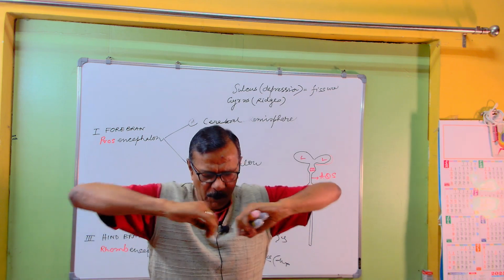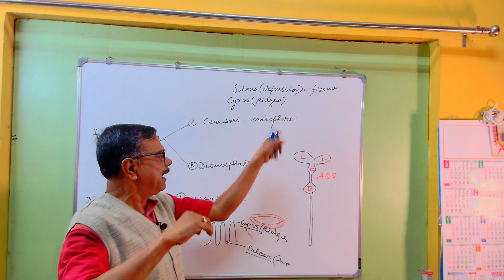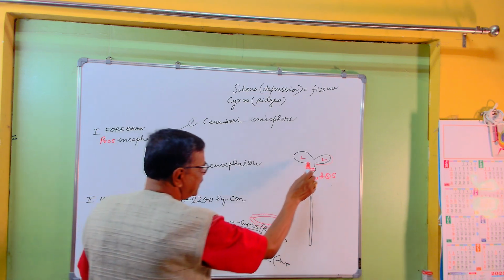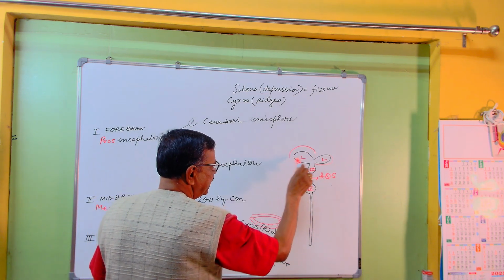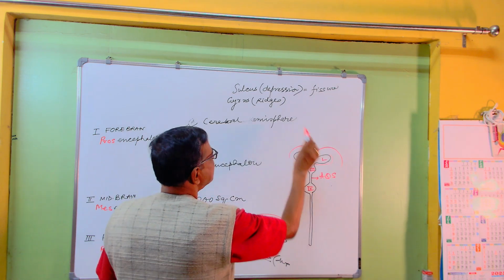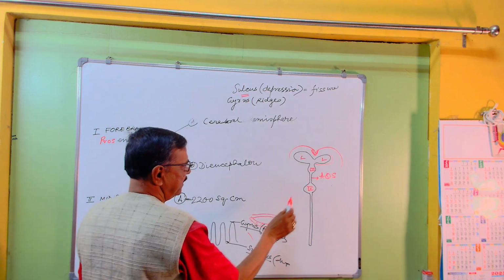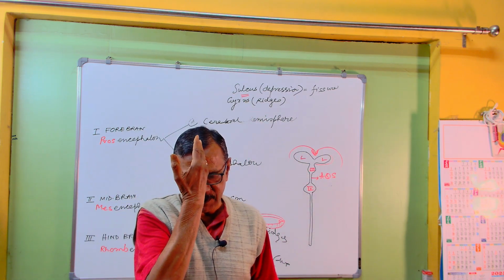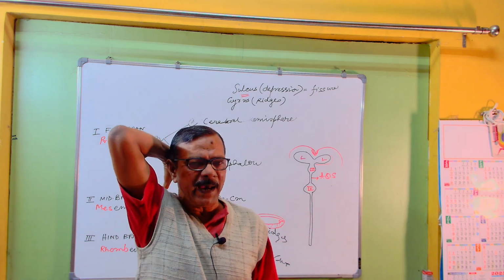If you open it from above, you will see that there is a depression here. This is a sulcus, known as a fissure, and it extends from the front side to the back side.